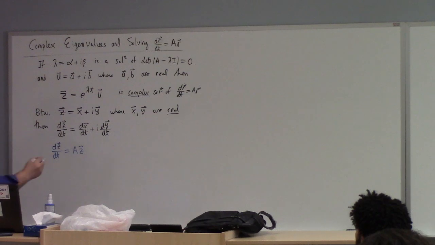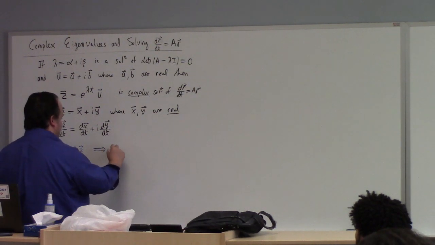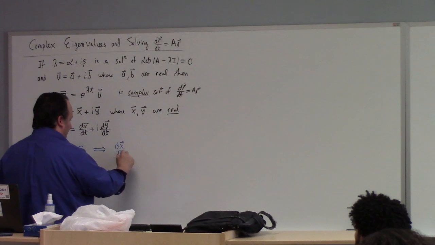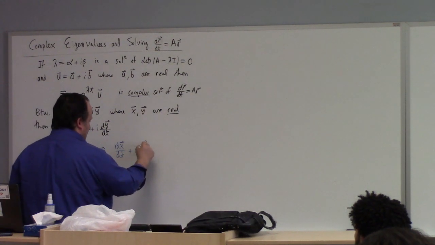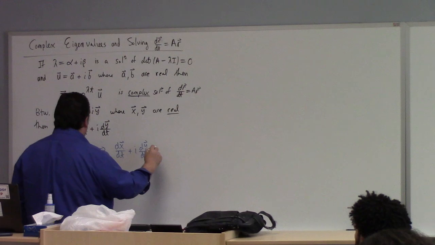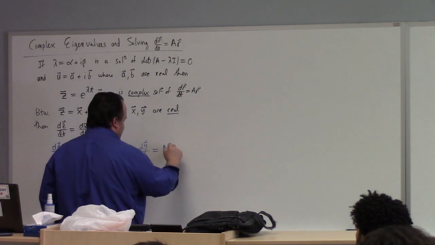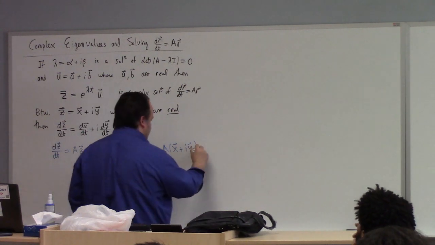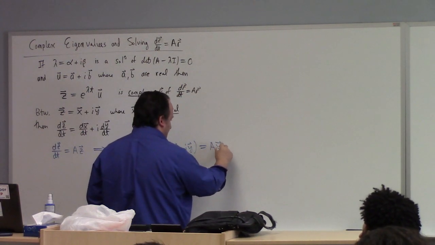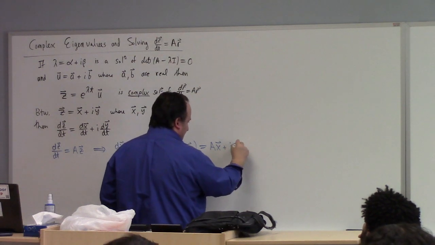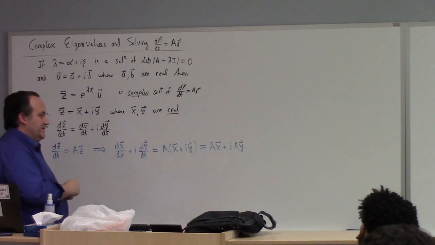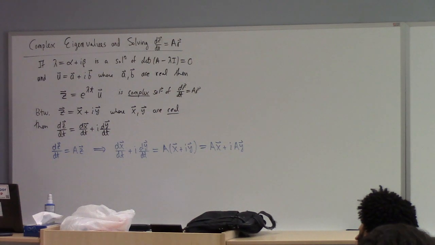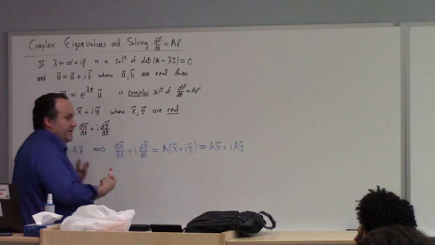But what does this imply? This implies that dx/dt plus i times dy/dt is equal to A times z, but z is x plus iy, and that is Ax plus i times Ay. So this is a complex vector equation. Every complex vector equation gives you a pair of real vector equations. We can equate the real and the imaginary parts.